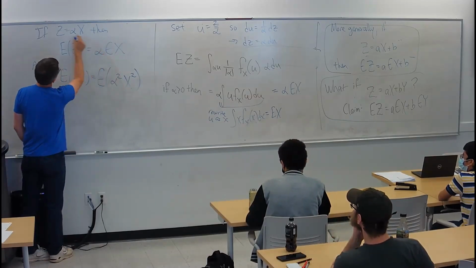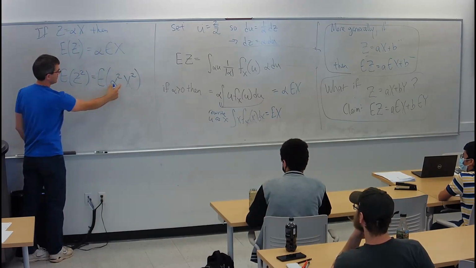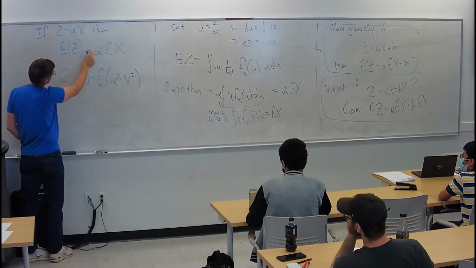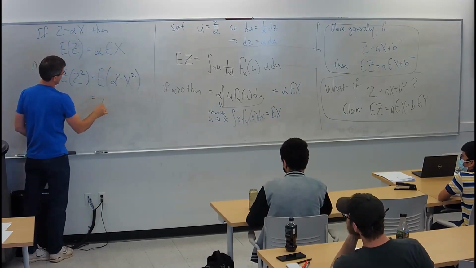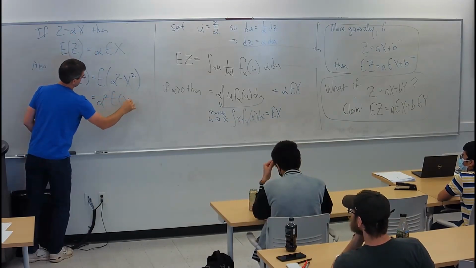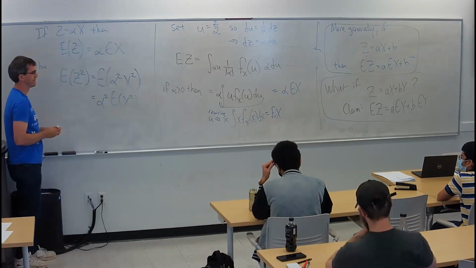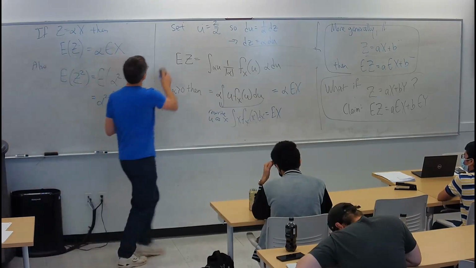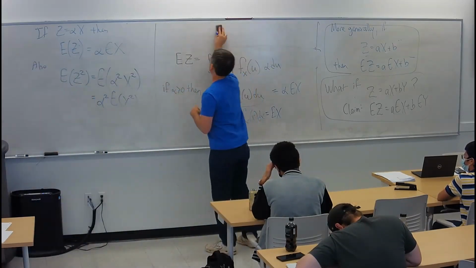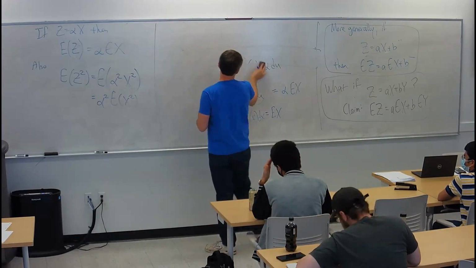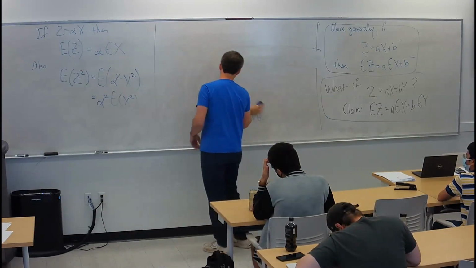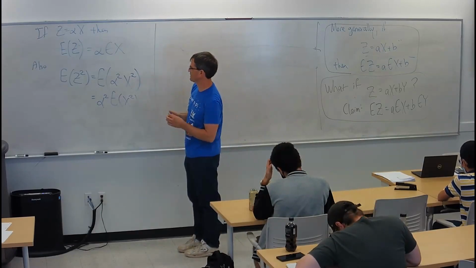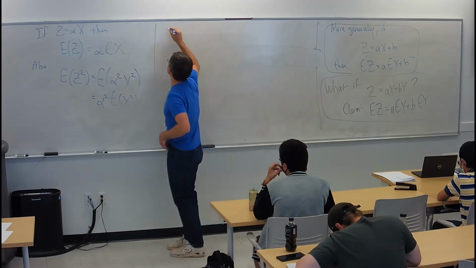So here I had a constant times X. Here I have a constant times X squared. When I had that alpha, it came out front. So I can do the same thing here. Okay, so I'm going to use this fact to look at something about variance.